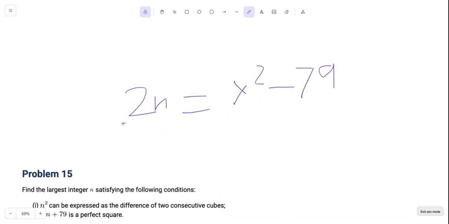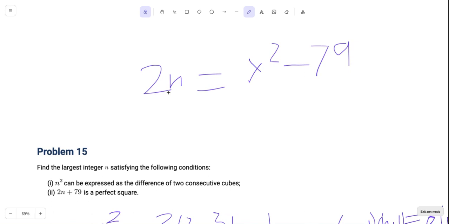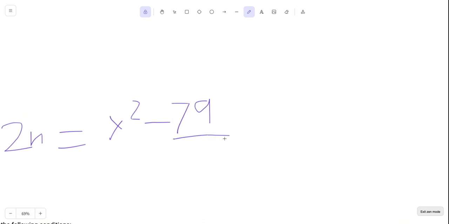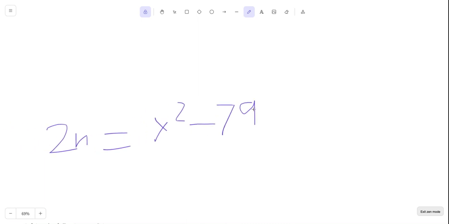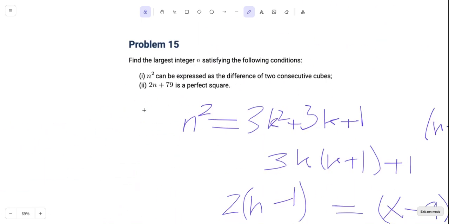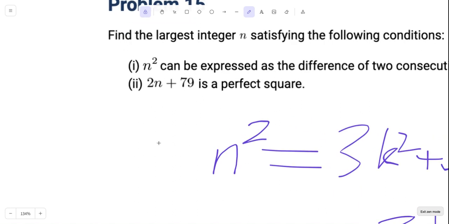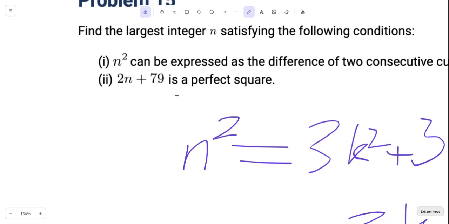And since n is odd, 2n would only have one factor of 2, meaning it's not divisible by 4. 79 is 3 mod 4, while 2n must be 2 mod 4.